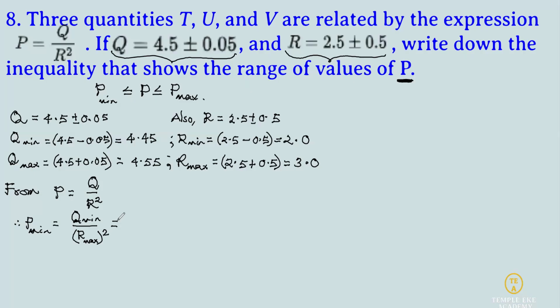The minimum value of Q is 4.45, divided by the maximum value of R, which is 3.0, and we have to square this.